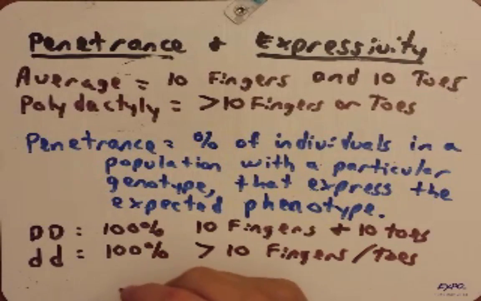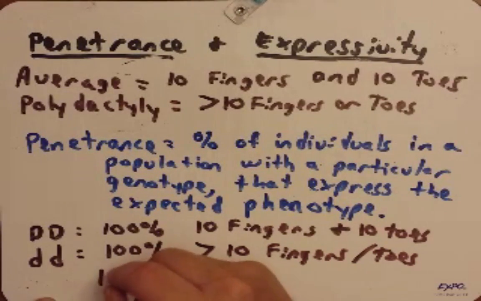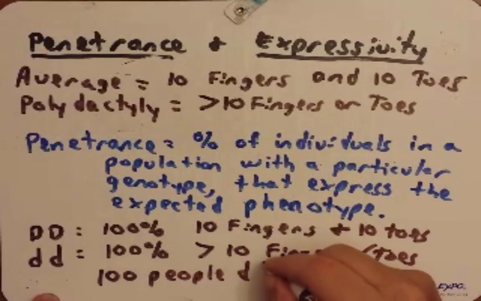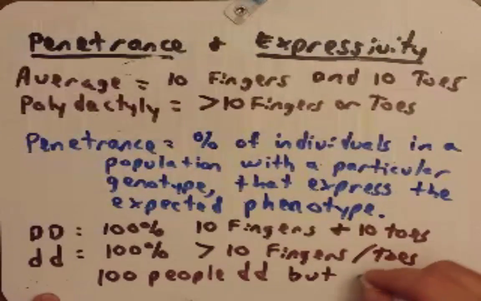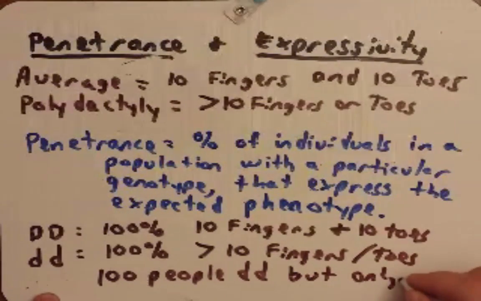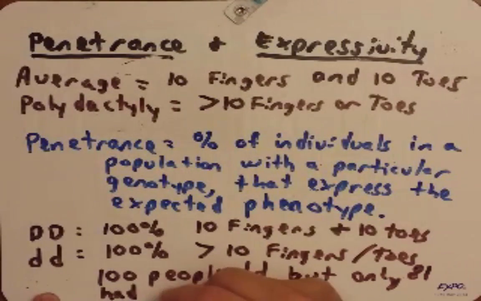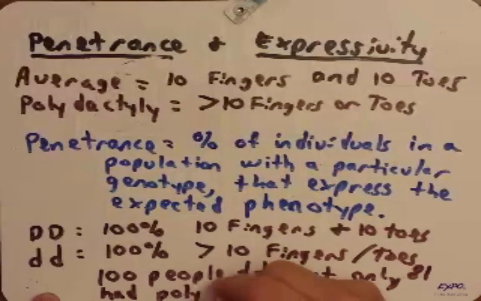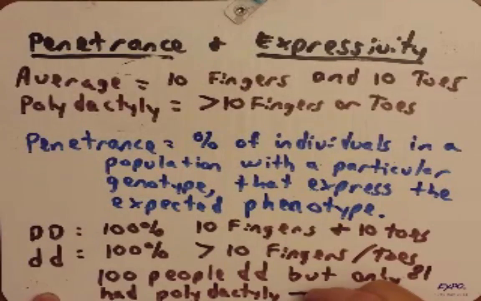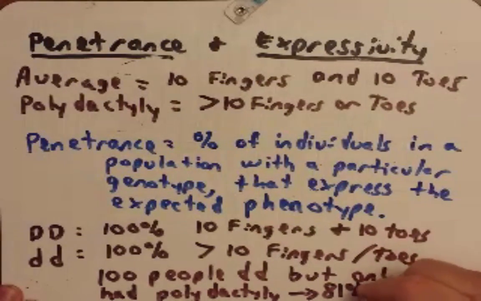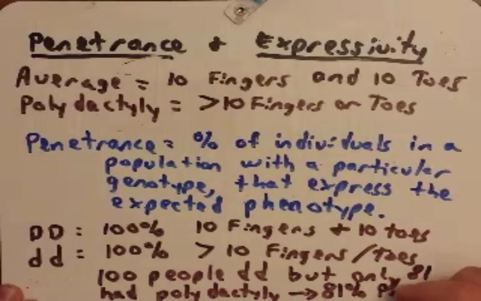For instance, if we were looking at 100 people who are all little d, but only 81 had polydactyly, then we would say that this trait of polydactyly in this population of 100 people is 81% penetrant.